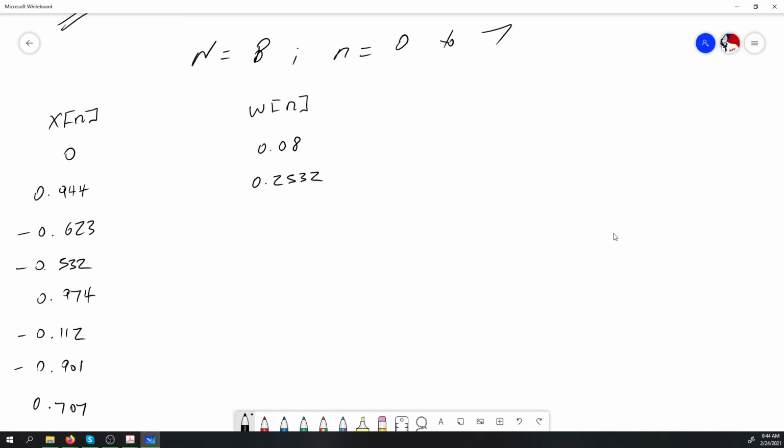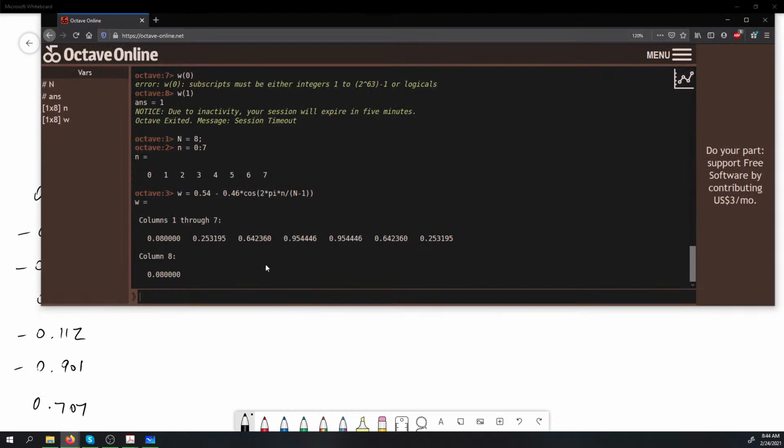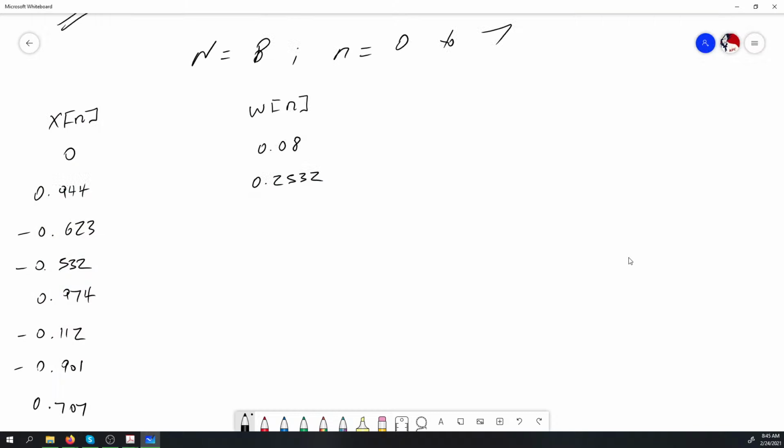And then the third value here was 0.64236, so this will be 0.6424. All right. And I just keep on going and repeating that process. So this one here is going to be 0.94. The next one is going to be 0.424.